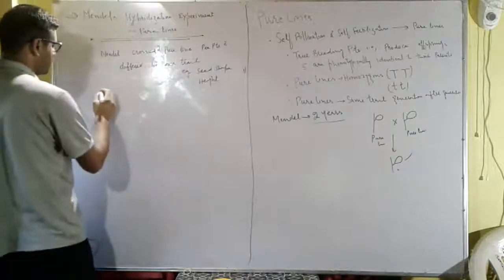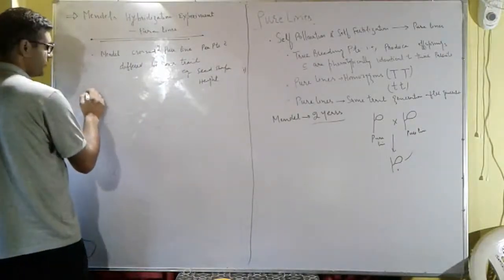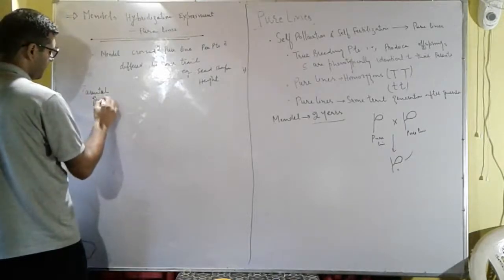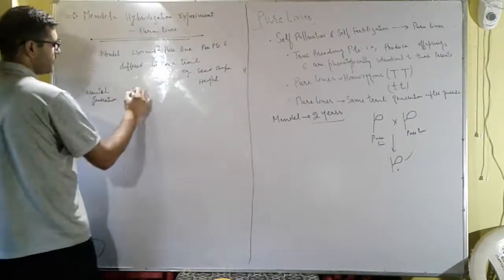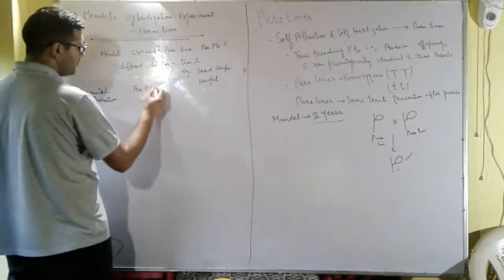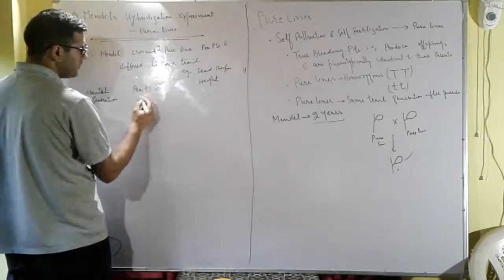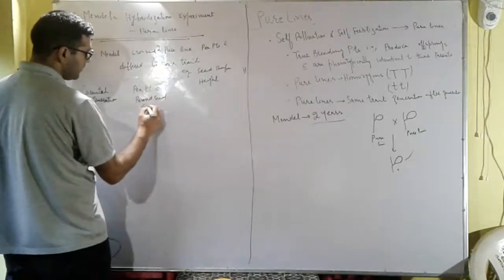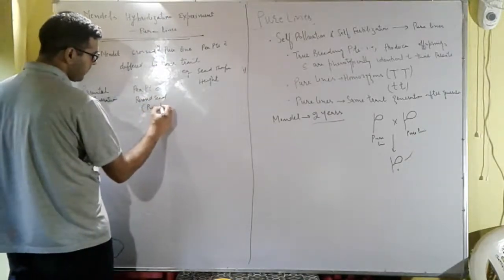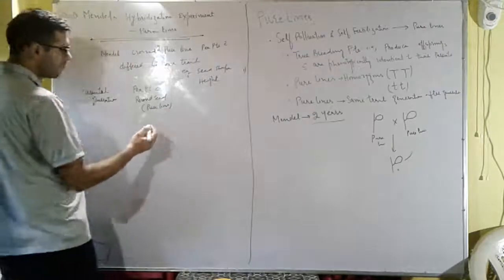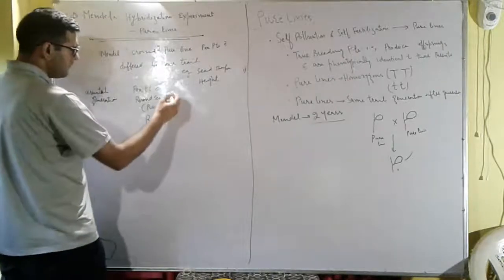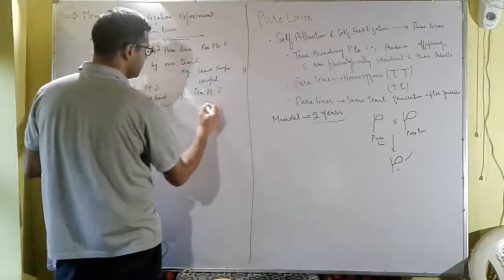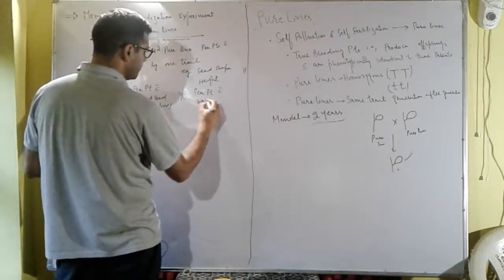For example, this is the parental generation. This is a pea plant with round seeds. This is a pure line. A pure line has two identical alleles for a gene, and it was crossed with a pea plant with wrinkled seeds.